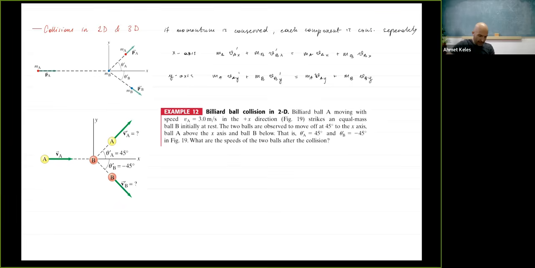And for this problem, at least initially B is at rest, so you can forget about this. This is 0, and VB, this is also 0, right? And your task is to solve this problem for the primes in terms of these.